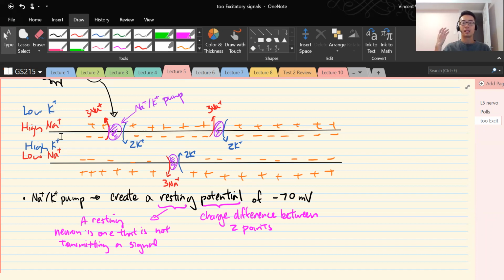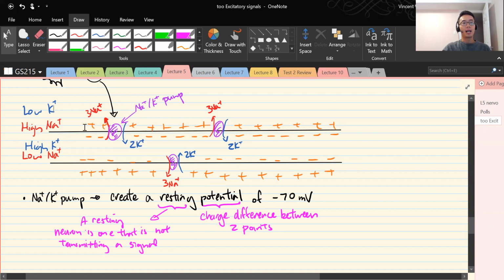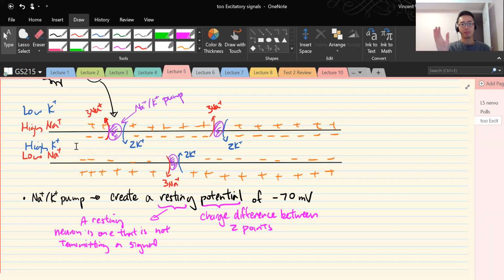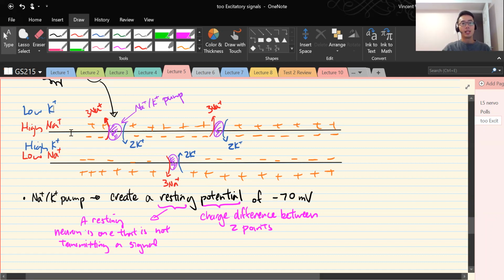That's right, because naturally things like to go from high concentration to low concentration, right? So if we have high sodium on the outside and low sodium on the inside, then naturally the sodium wants to come in, right? However, they cannot come in on their own, even though they really want to. That's because the cell membrane does not allow charged particles to go through, right? Okay, so even though they want to come in, they can't just yet.